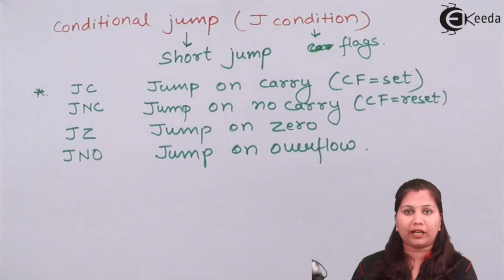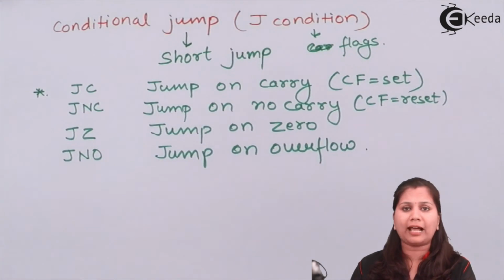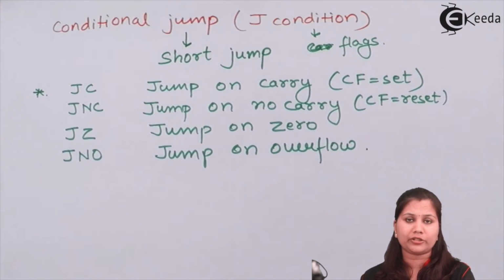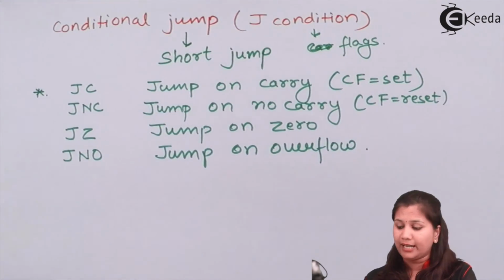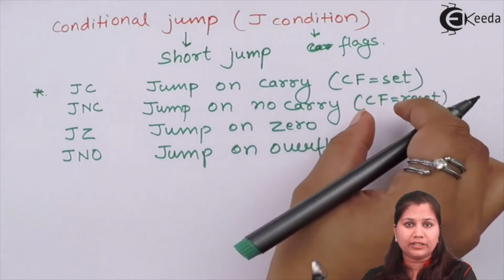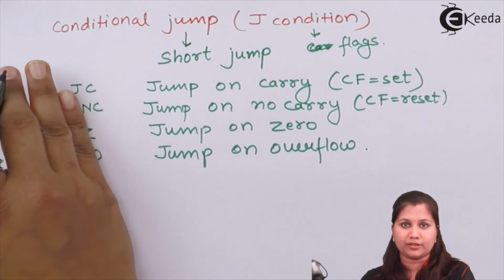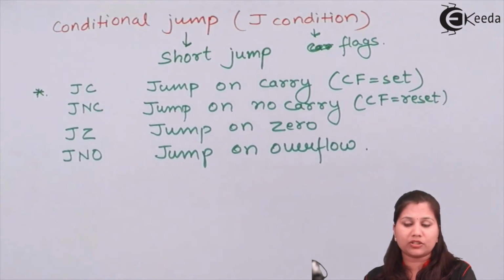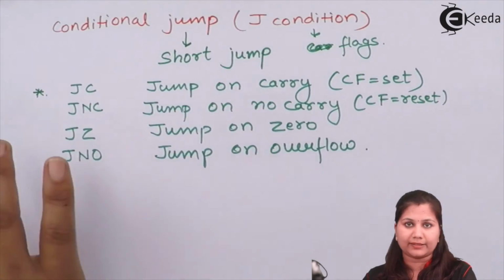All these flags act as conditions because the flags are set and reset due to mathematical operations occurring in the microprocessor. So whenever, due to any of these operations, the flags are set or reset, then we can use those conditions in the jump instructions. So there are several jump instructions related to these flags.